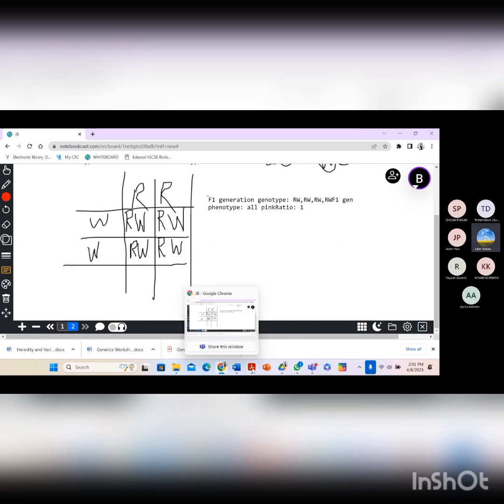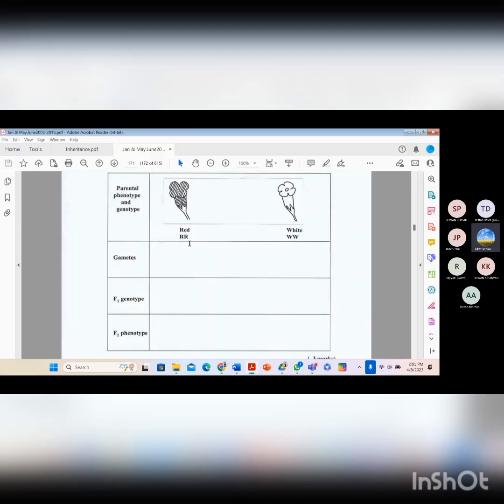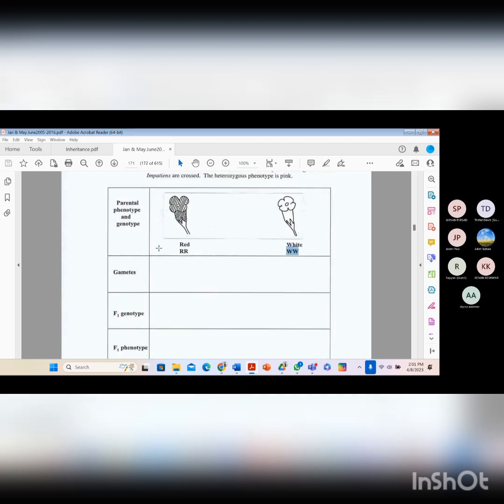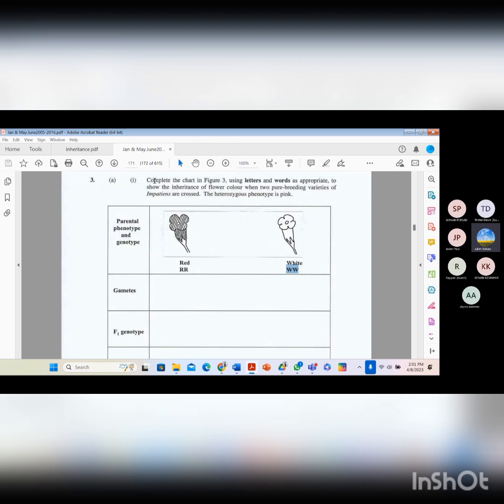Hold on, let me go back to the question. But didn't they say red and white? Yeah, they said, oh, Jaden, the parent here, they gave you red mating with white. So you have to use what they gave, right? What they said is, using letters and words, show the inheritance of flower color when two pure breeding varieties of impatiens are crossed.